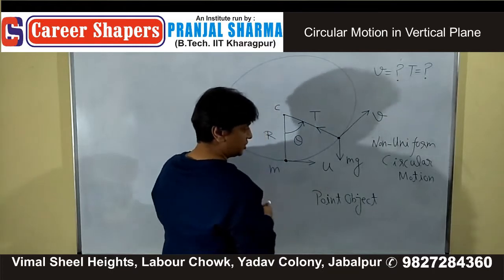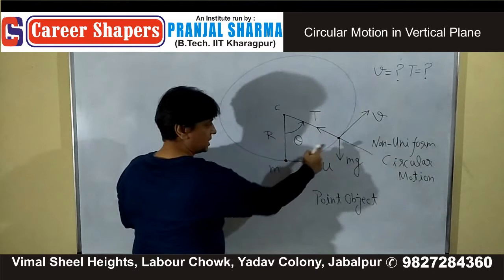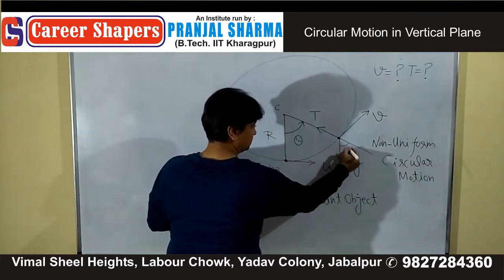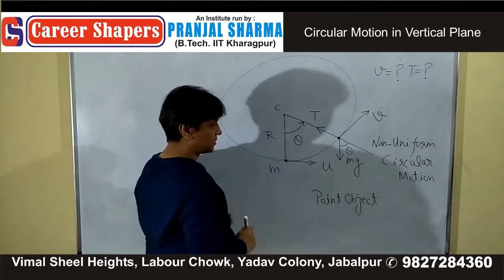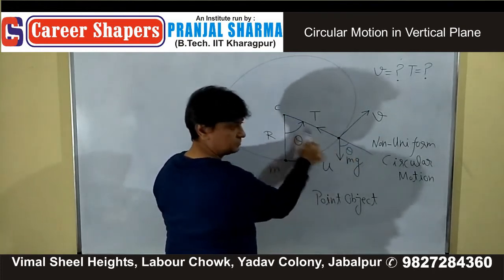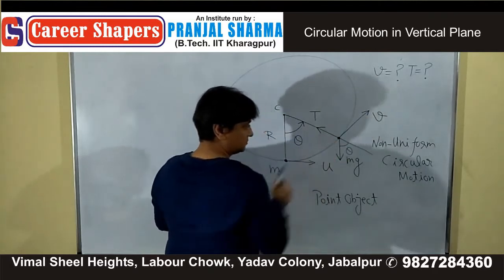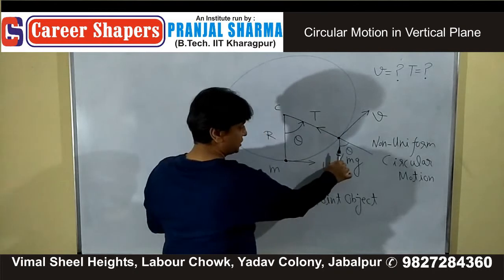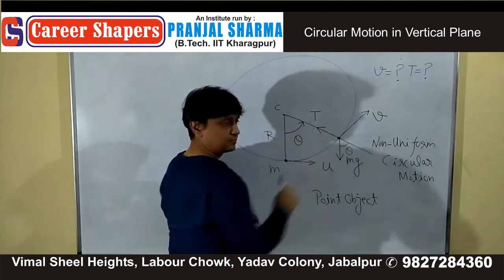If this is mg, then you can see that this angle is theta. This is theta, so is this. Tension force is already in this direction. Velocity is also along the axis. But mg is not present along the tangential axis and the radial axis.